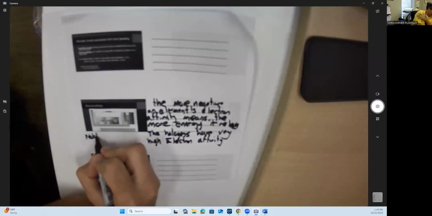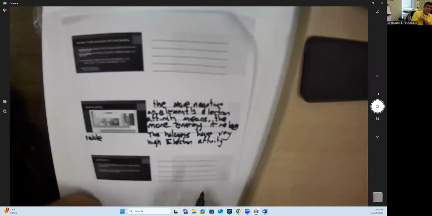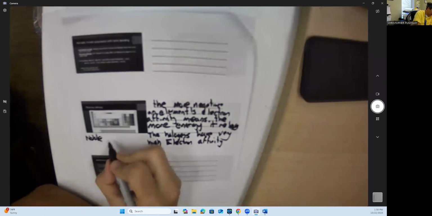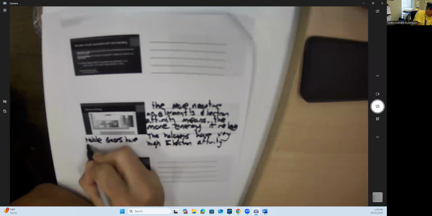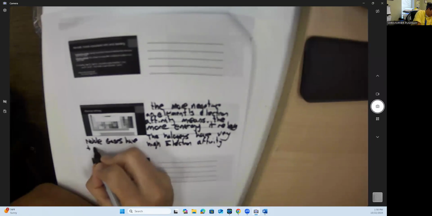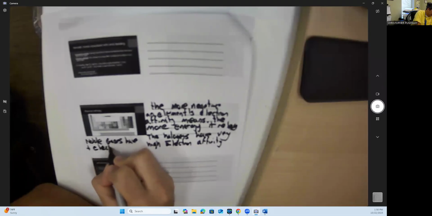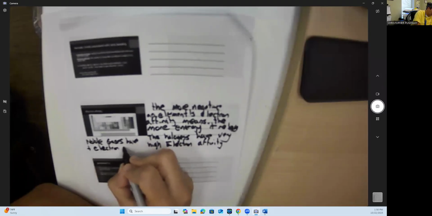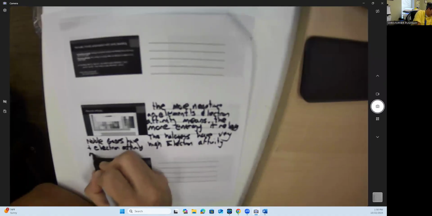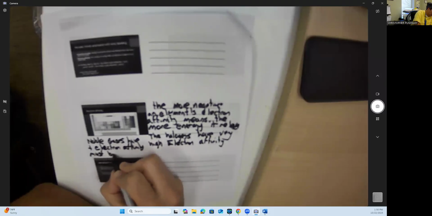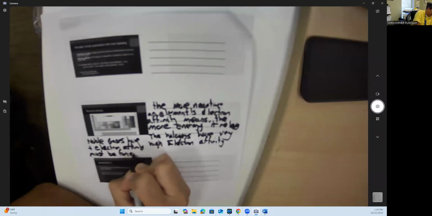Noble gases have positive electron affinity. When you have positive, that means you have to force it. They must be forced to take an electron.